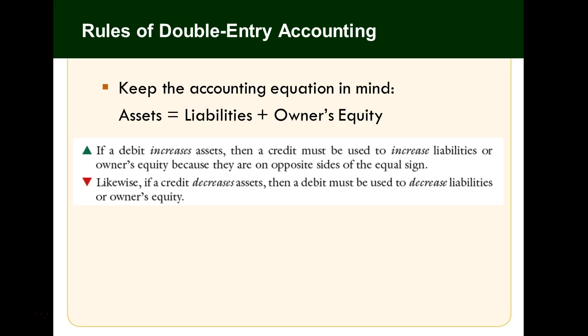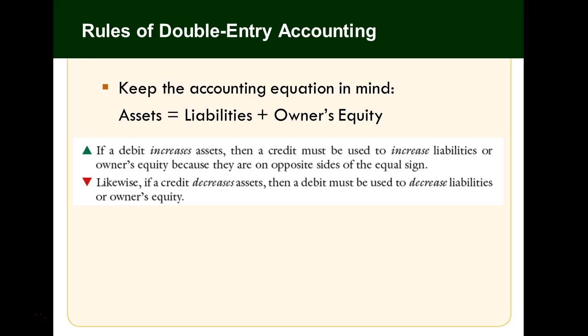Remember how we had a debit balance and a credit balance, a debit total and a credit total in our cash, and the net balance was a debit balance? If credits decrease assets, then debits must also decrease liabilities and owner's equity.